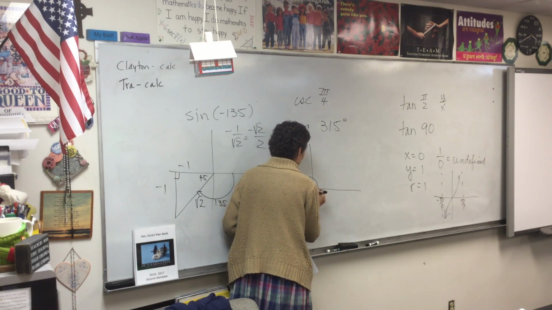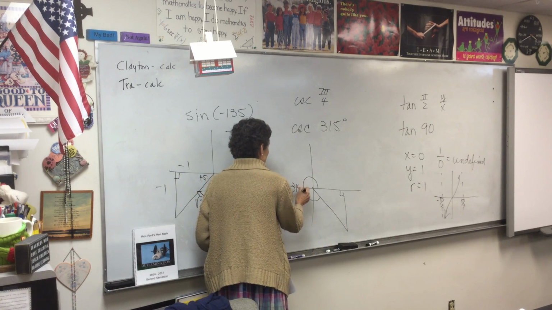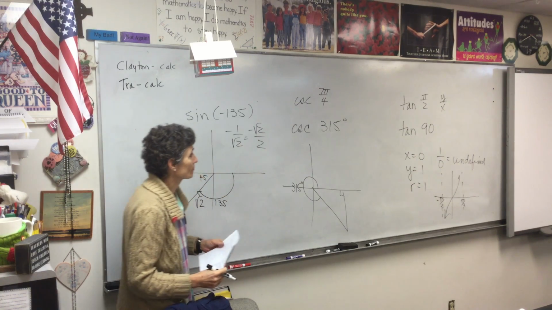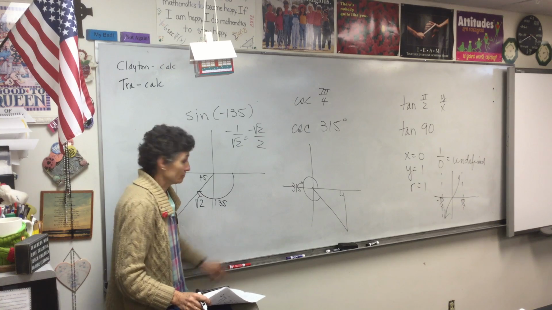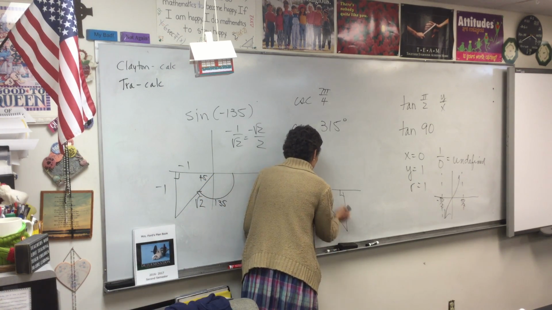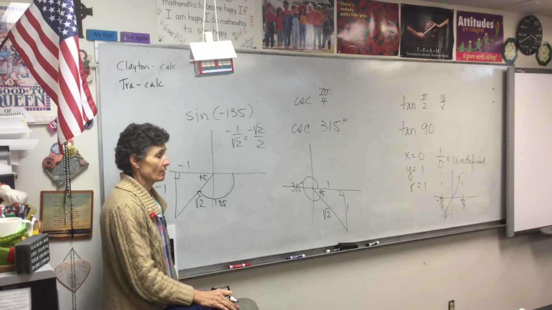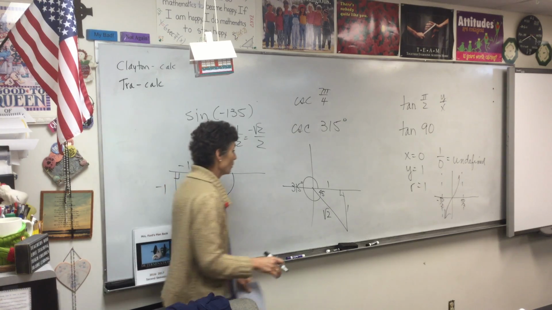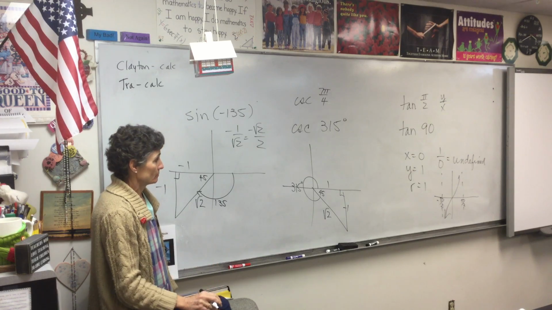Positive, so I'll draw 315. It's down here in quadrant 4. Reference angle, 45. So I got another 1, 1, root 2 situation. Any negatives there? The one that goes down. And that's why it's negative, because it goes down.